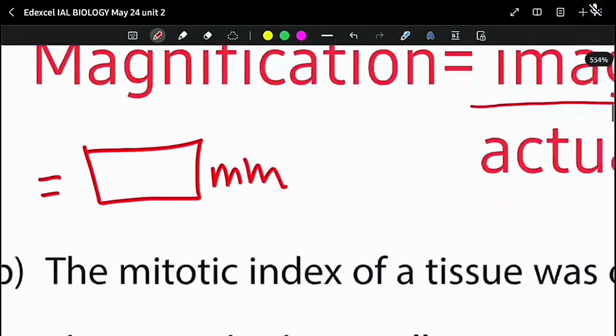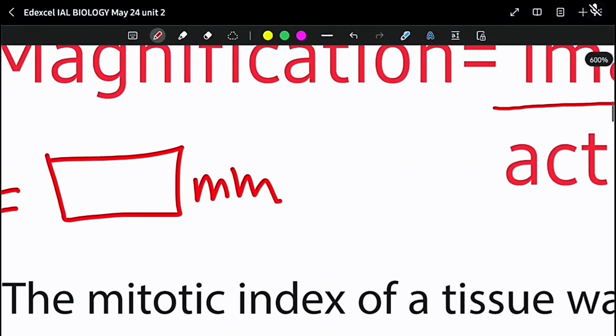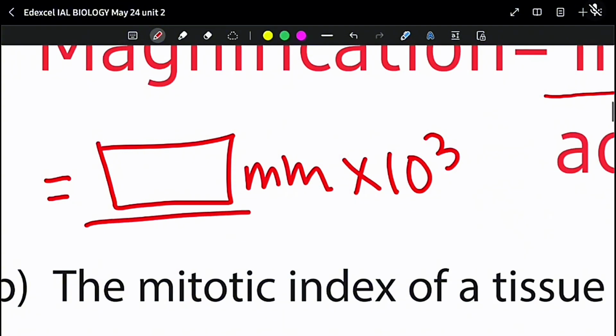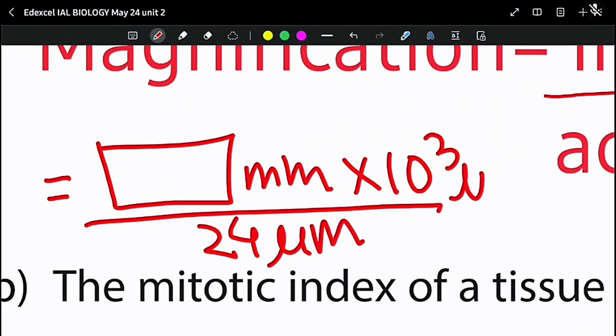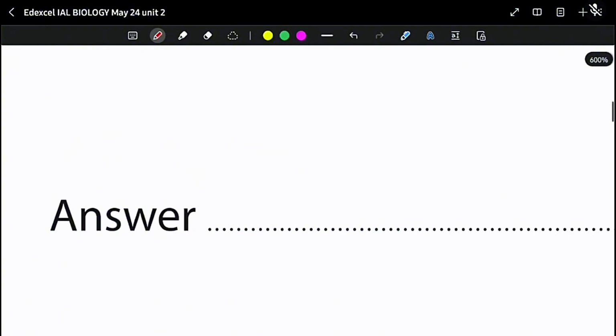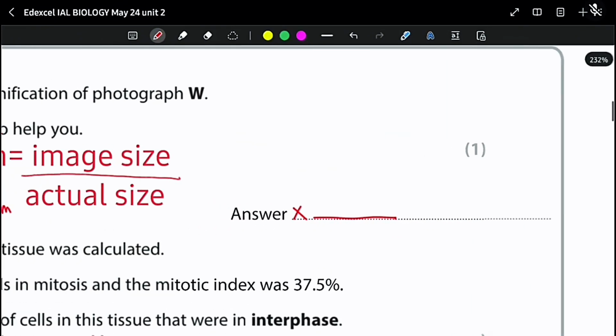So the size in millimeters times 10 to the power 3, divided by the actual size, which was given as 24 micrometers here, and this is also in micrometers now. Whatever we get as the answer, we write that, and we have to include the multiplication sign, the X sign, in front, and then write the answer.